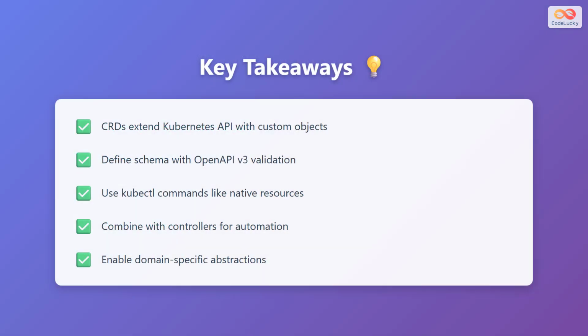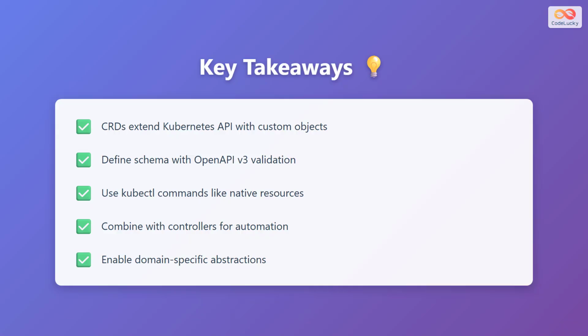Let's recap the key points about custom resource definitions. First, CRDs extend the Kubernetes API by allowing you to create custom objects tailored to your specific needs. Second, you can define a schema with OpenAPI v3 validation to ensure data integrity and proper structure. Third, once defined, custom resources can be managed using kubectl commands just like native Kubernetes resources.